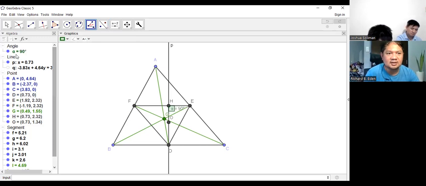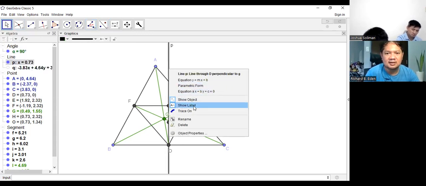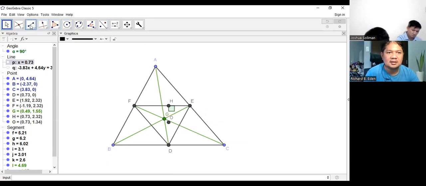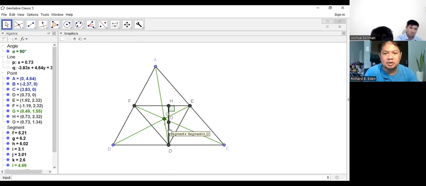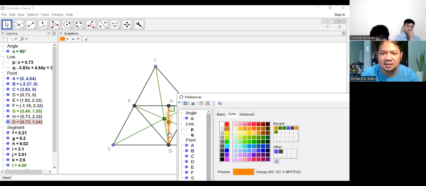Okay. So we have 90 degrees there, and then we don't need the label naman. Okay, and then let me hide this line. All right, and then ito. And then let me recolor. Okay, so basta may kinalaman sa perpendicular, ito, orange naman.